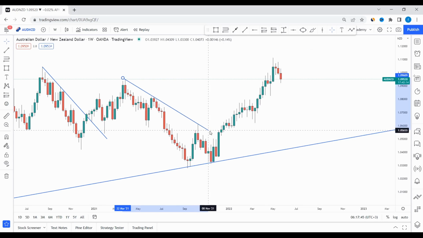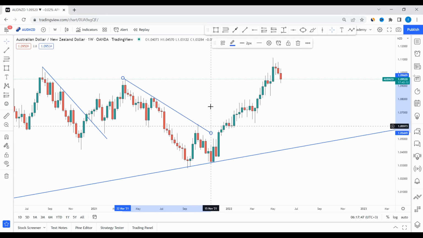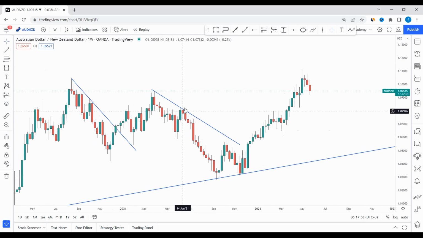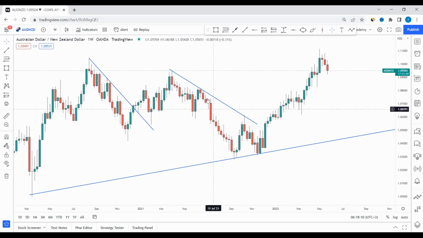But if you can extend it down to touch as many candles as possible from the second point onwards, for example, here, you can clearly see that I'm not cutting the candlestick body because the rule says I'm not supposed to cut the candlestick body. So you can clearly see that we are touching as many candlestick bodies as possible, and also on the third touch point, we are touching the candlestick wick, right? So this is the first one.